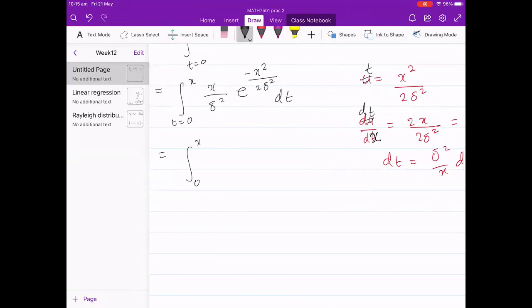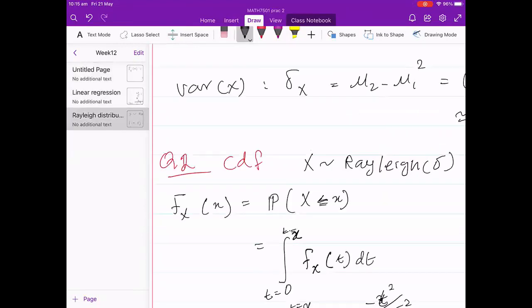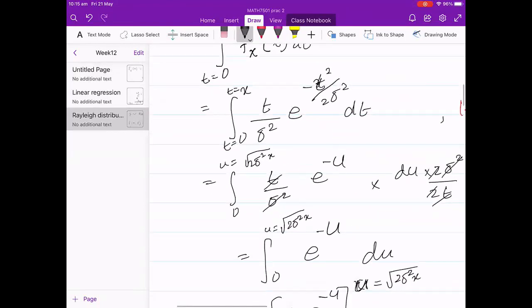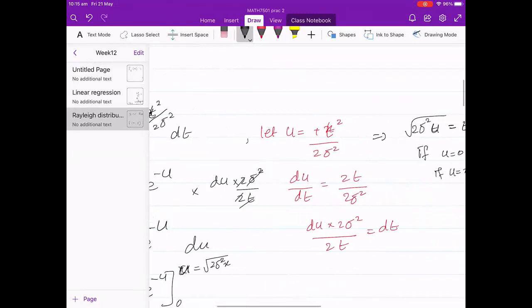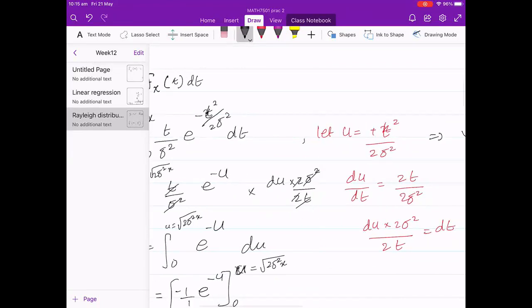Okay. Let me check this, whether this is what I did. Yeah, so my original one was wrong. This should be t squared.